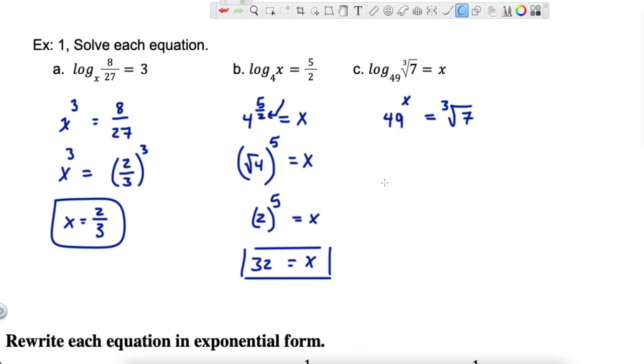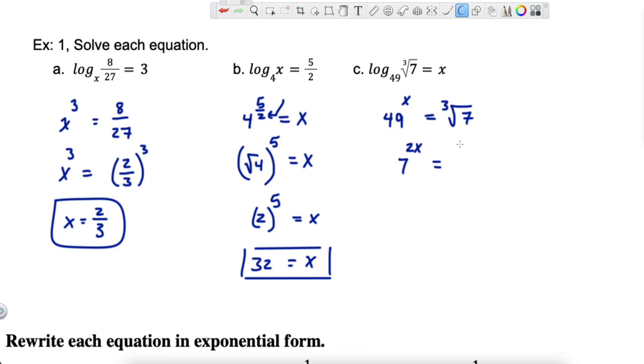There are two things we could do here. Number 1, I see 7 and I see 49, so how do I make these the same base? 49 I can call 7 squared, and then I have this x. 7 to the 2x is the same as 49 to the x.